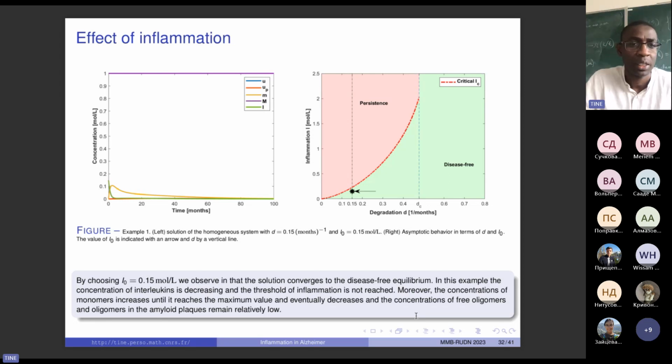Here, again, we can plot in the same diagram all the concentrations.